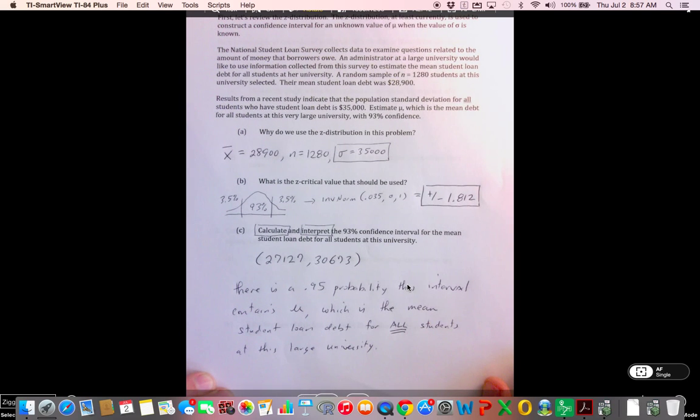Now, it's pretty common sometimes when you're working a problem like this and you're interpreting to include the margin of error.